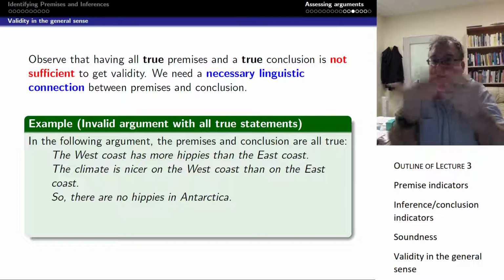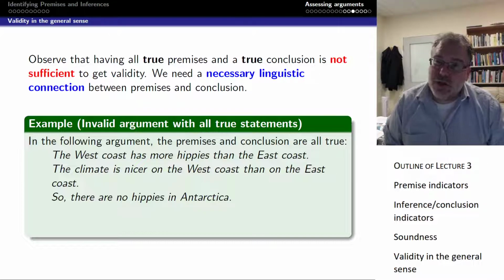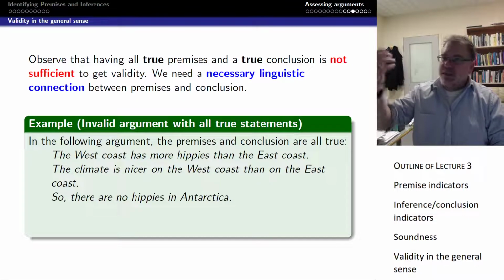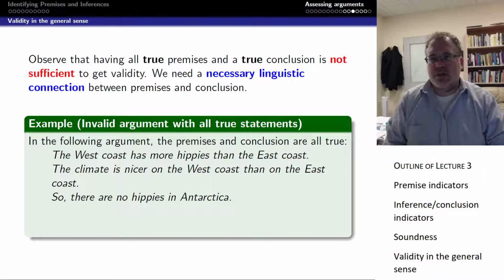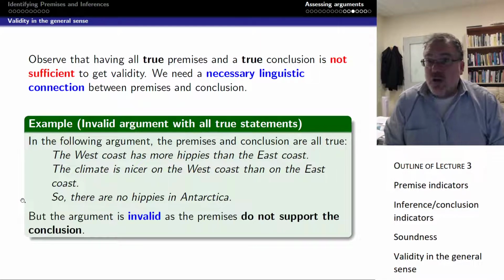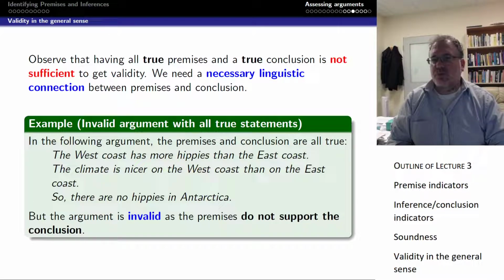But there is no connection between the truth of the conclusion and the truth of the premises. So we wouldn't say that if the premises are true, the conclusion is true. There's no connection. So that's why it is an invalid argument. The premises do not provide any support for the conclusion.